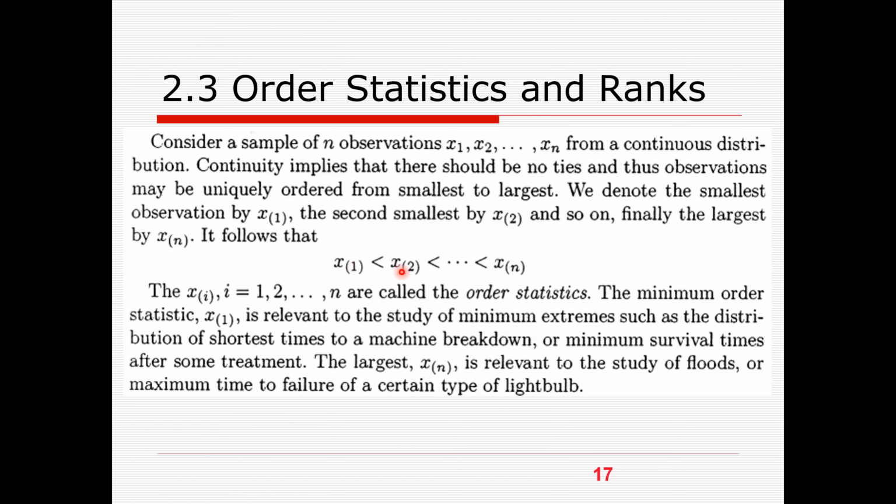And they are called the order statistics. I refer to them as x(1), x(2), and so on. In this case, x(1) is the smallest observation, right? Because it's ranked from the smallest to the largest.